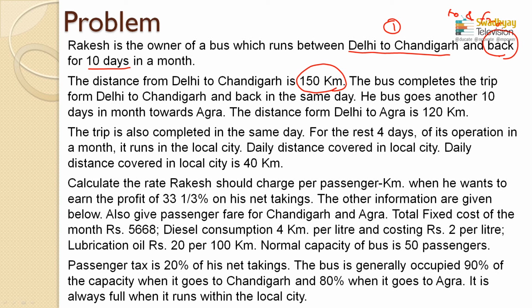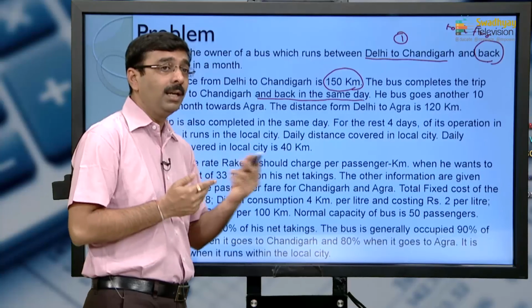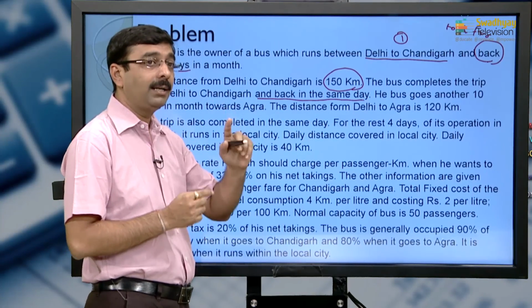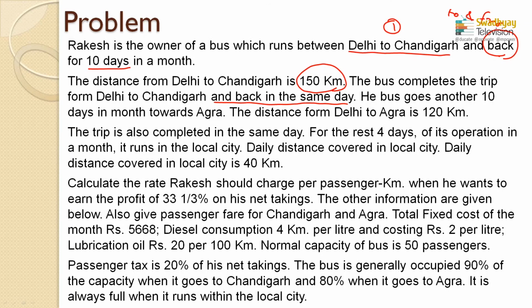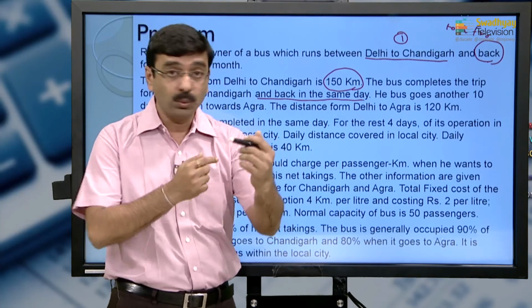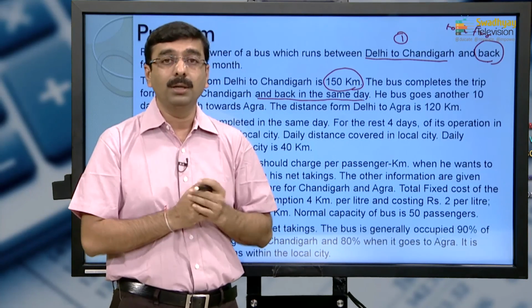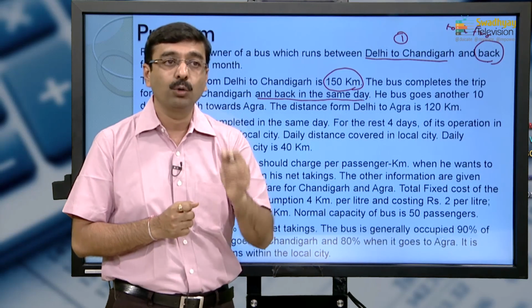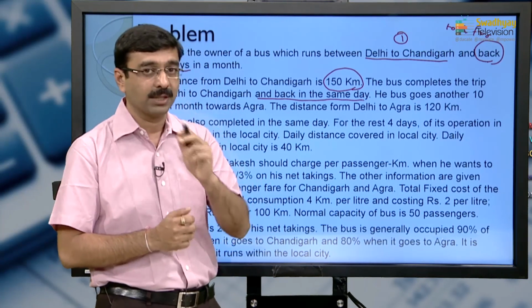So the first route is clear: it works for 10 days, it is to and fro, not one way, and the distance is 150 kilometers. That is the first route.